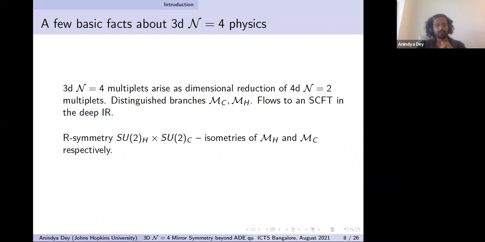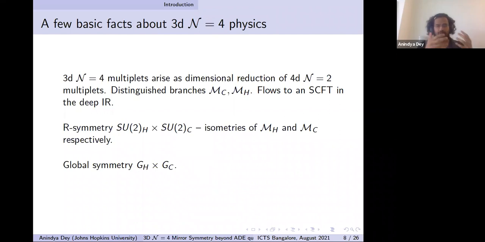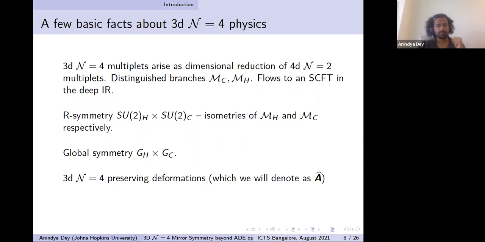Now there's an R symmetry, SU(2)_H times SU(2)_C, which are isometries on the Higgs branch and the Coulomb branch, respectively. In addition, there are global symmetries associated with the Higgs branch and the Coulomb branch, which are represented as follows. That is enough to write down the UV Lagrangian for any 3D N=4 theory. In addition, you have certain 3D N=4 preserving deformations, which we collectively denote as A hat.